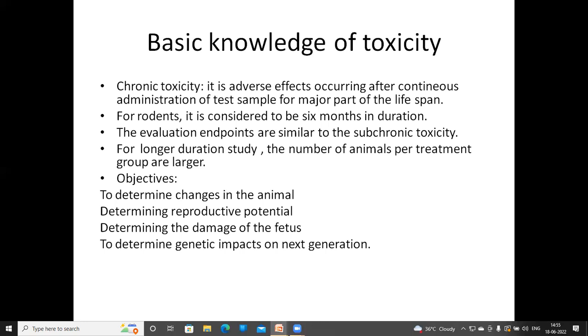It also determines damage to the fetus: when they are delivering a baby, any damage to the fetus because of these drugs can be evaluated. And also to determine the genetic impacts on the next generations: any impact on the next offspring after taking these drugs can also be evaluated by this chronic toxicity study.